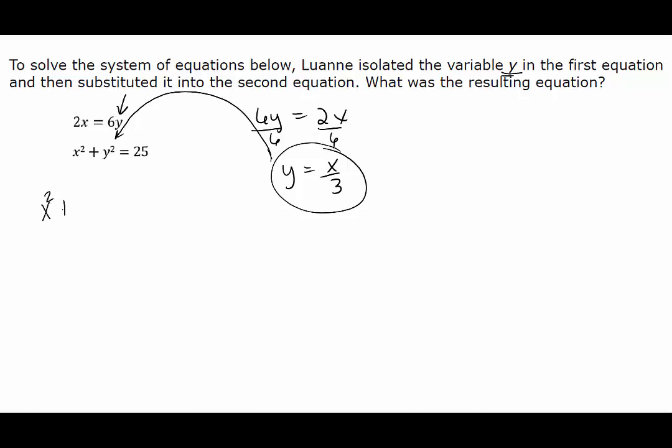X squared plus x over 3 squared equals 25, or x squared plus x squared over 9 equals 25. So it did not say for us to solve this equation. It just says what the resulting equation is.